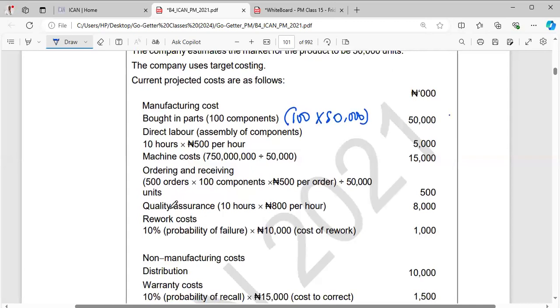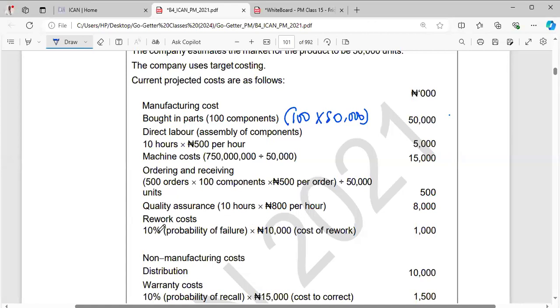Then quality assurance, 10 hours. Of course, this is 10 hours of direct labor at 800 naira per hour. That's 8,000. Then reworking, they say there is a 10% probability of failure.